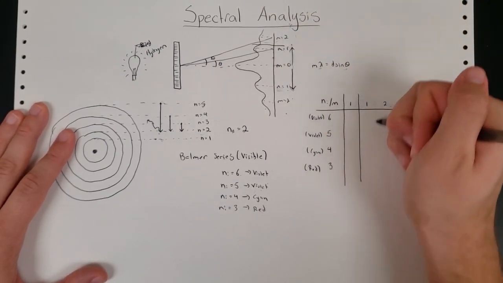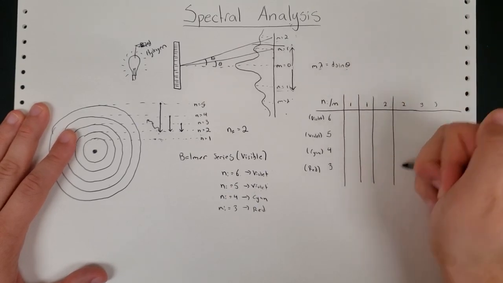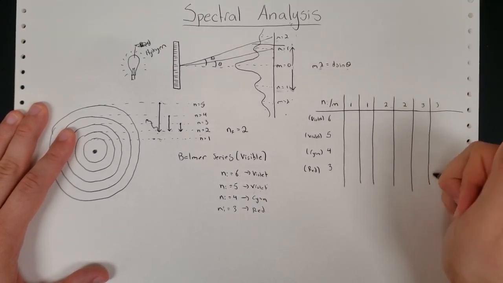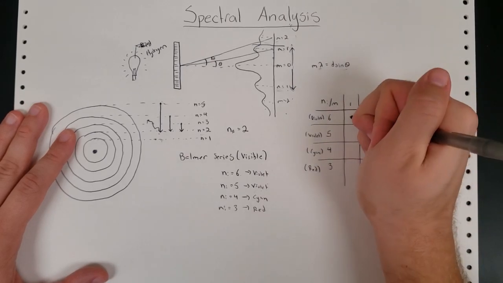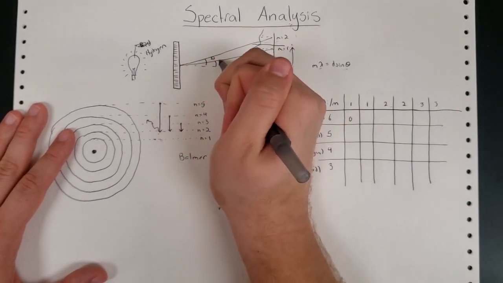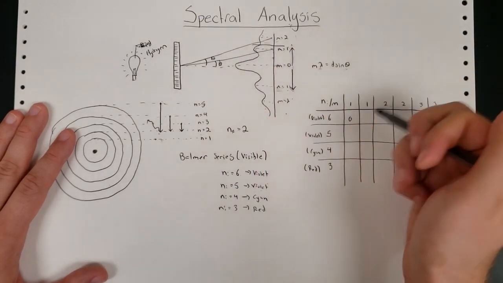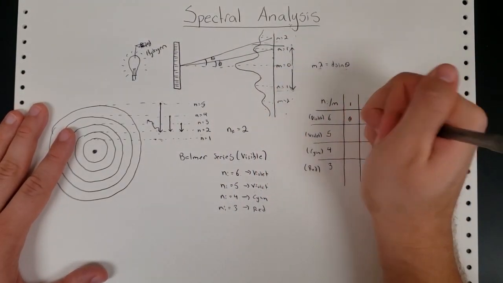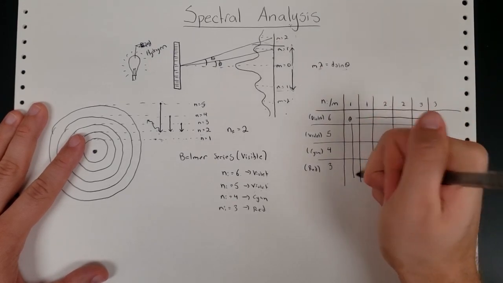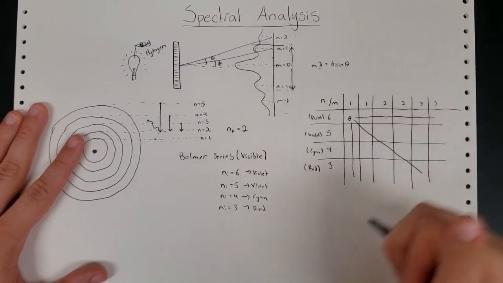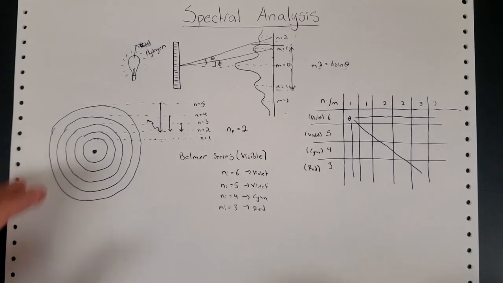And at each of these diffraction orders, for each of these colors, you'll be able to measure this angle theta that goes to that diffraction order for that specific color. So we'll have angles populating all of this going across this way, going across that way, filling this whole table out with angles.